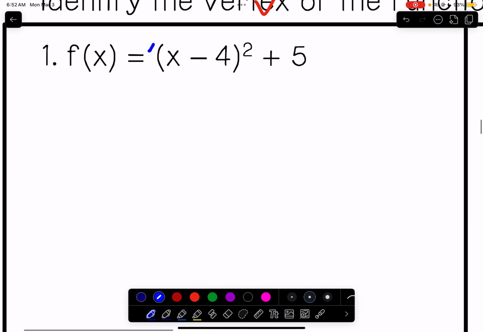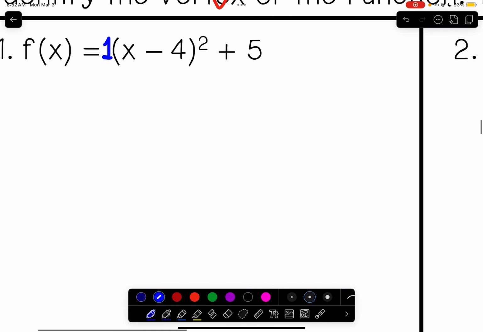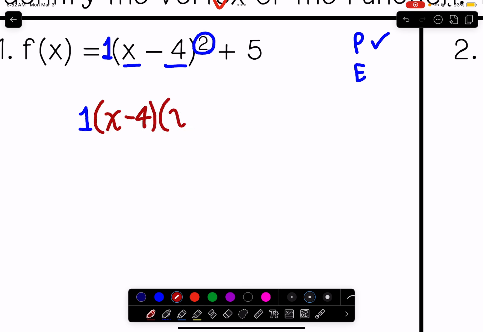Okay, so I technically have a 1. So parentheses, not like terms, done. Exponent, yes. So I'm going to have 1 times x minus 4 times itself, and then plus 5.